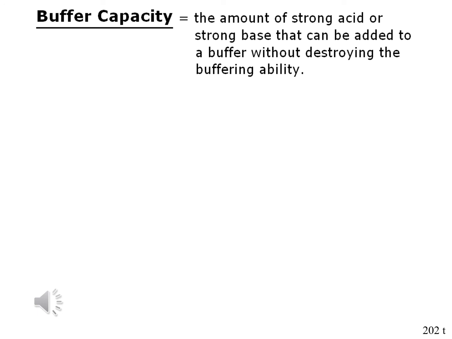So I'm describing the buffer capacity in a way that makes sense to me. It's the amount of acid or base that the buffer can hold without the buffering ability being destroyed. In other words, it's the total amount of acid or base you can add and still have a buffer.